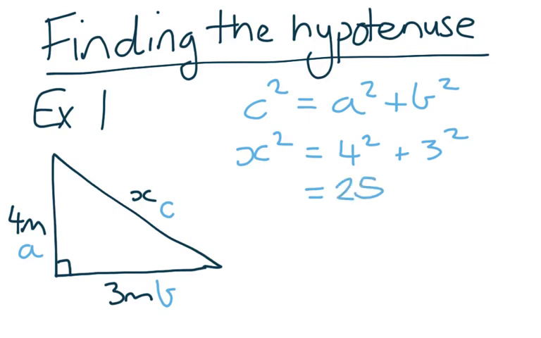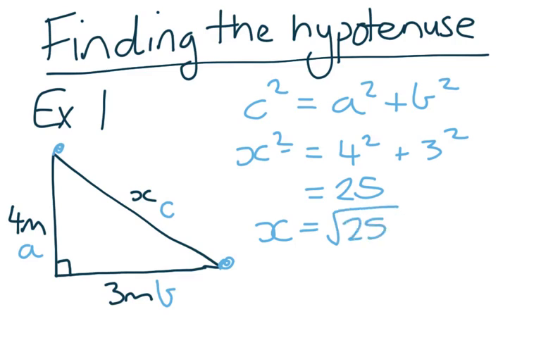Now, if you have a look at this triangle, there's no possible way that the distance from this point to this point is 25 metres, given that one side is 4 metres and one side is 3 metres. You'll notice that we've still got a squared here. To get rid of a squared, we do the square root of the other side.